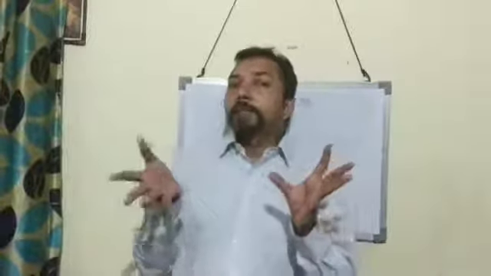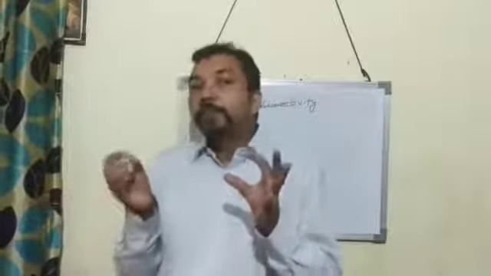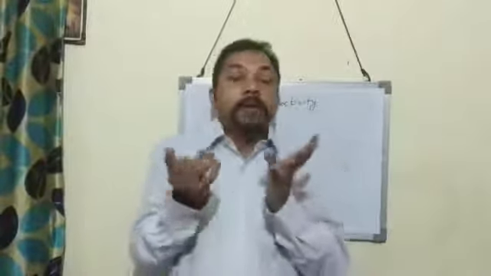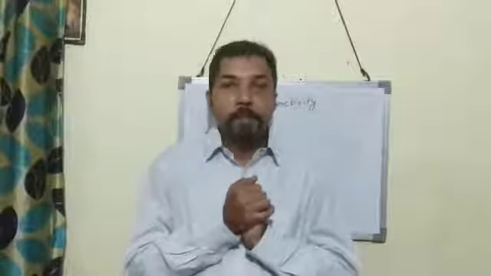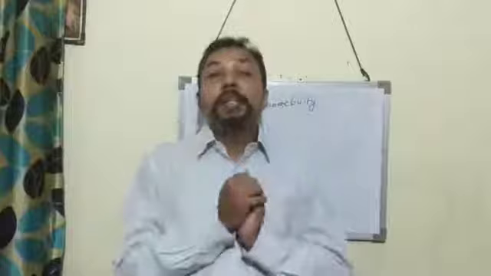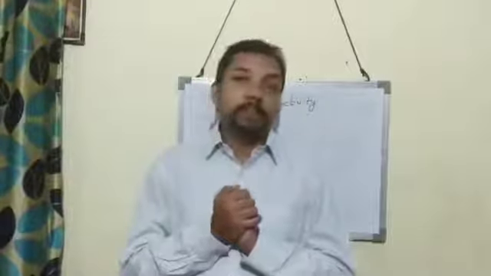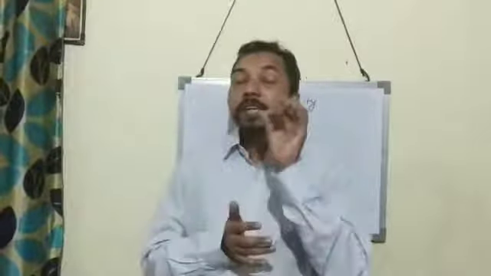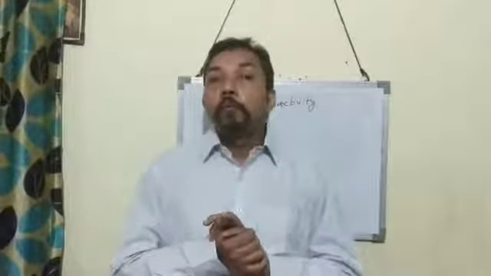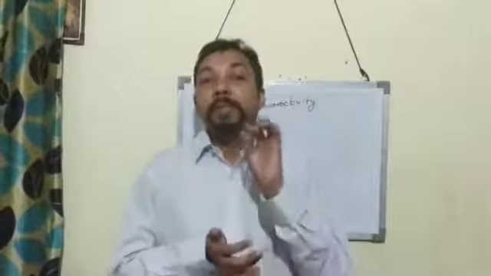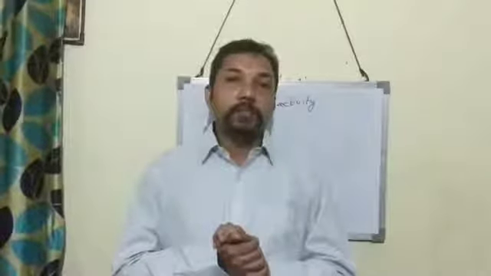Then he kept these things in the dark room. After a few days, he came to the room and observed the photographic film, and he could see some changes on it.